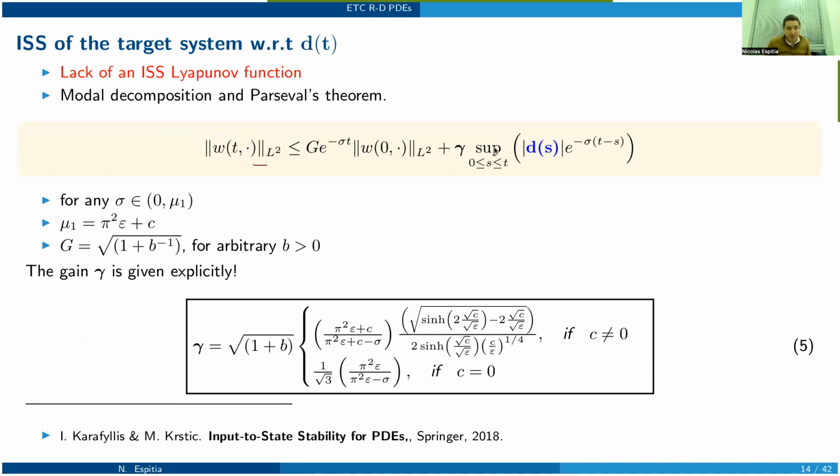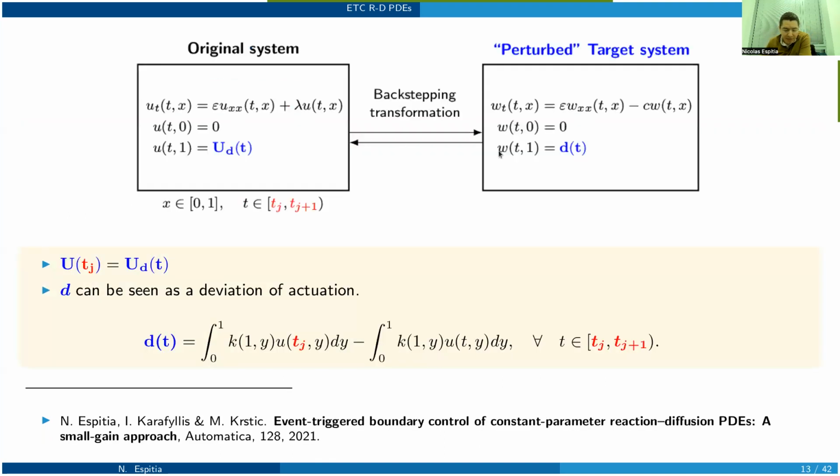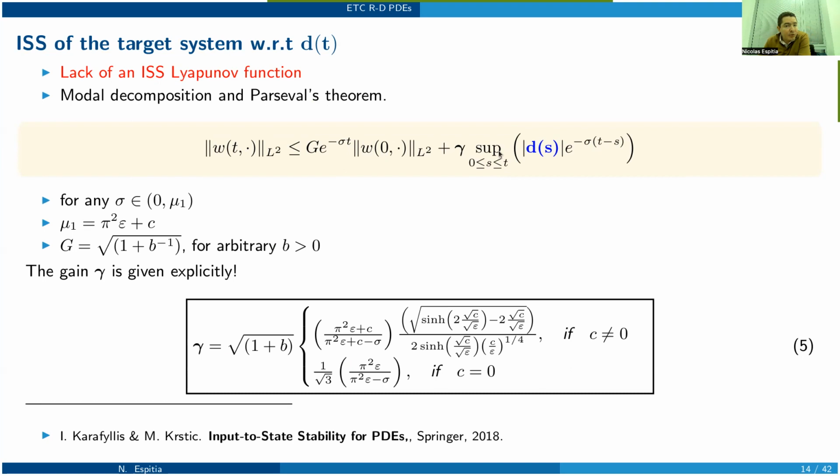It has been proved that it is ISS, but let me recall that, as far as I know, it hasn't been possible to prove that this class of system is ISS using a Lyapunov analysis, and the main obstruction is the lack of an ISS Lyapunov function, a coercive Lyapunov function, I would say.